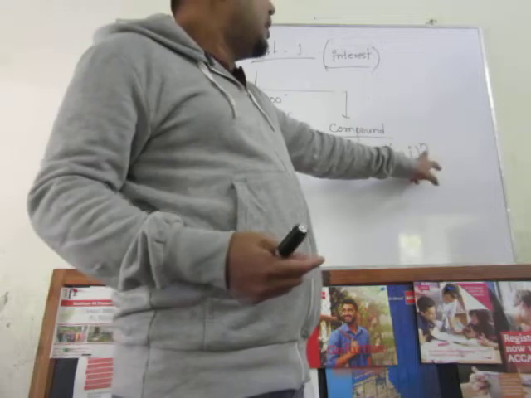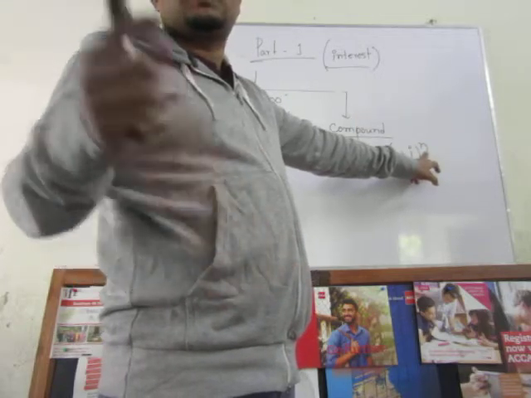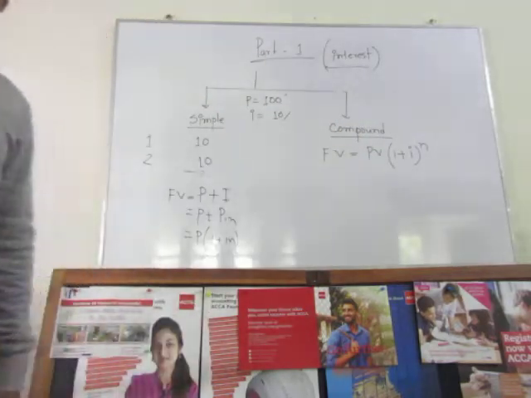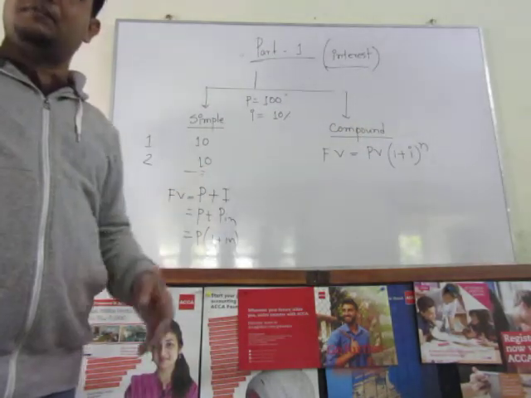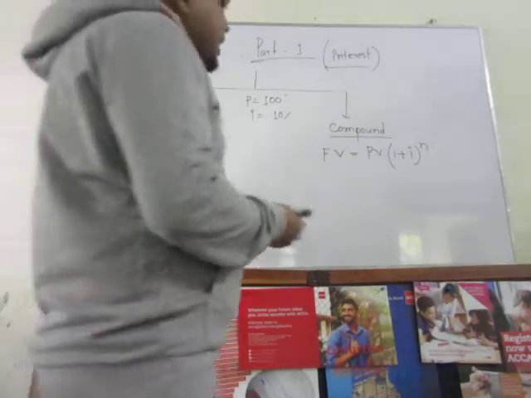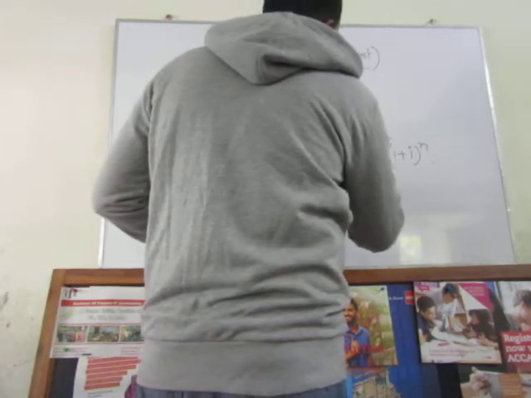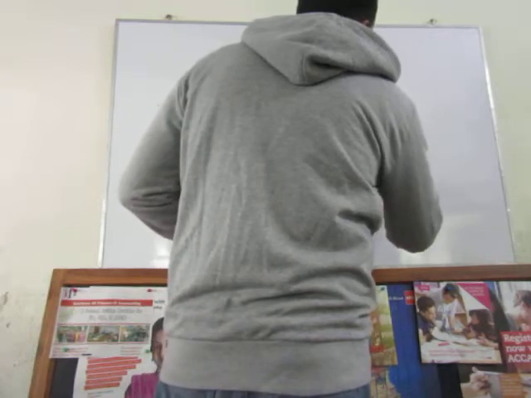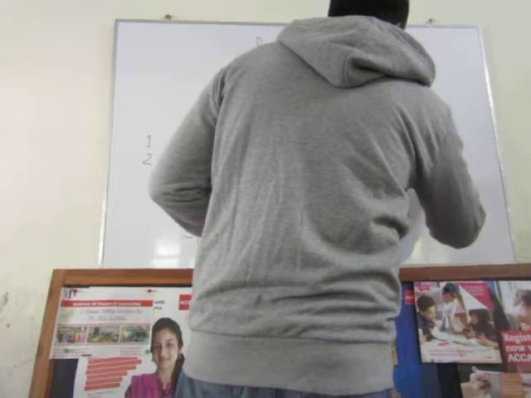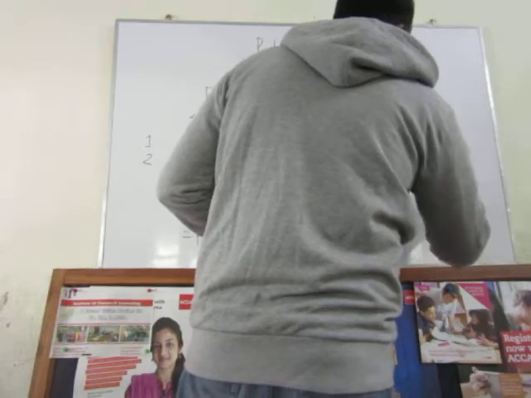In that case it is the number of years times the number of cycles. Clear? We will discuss this later on with different kinds of examples. So we can also say future value equals present value times the future value interest factor, FVIF.